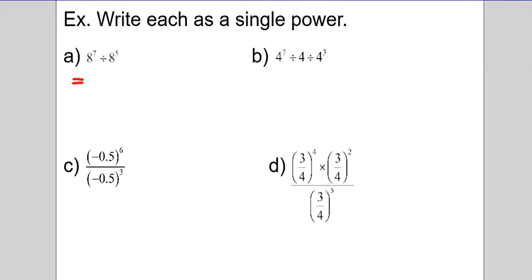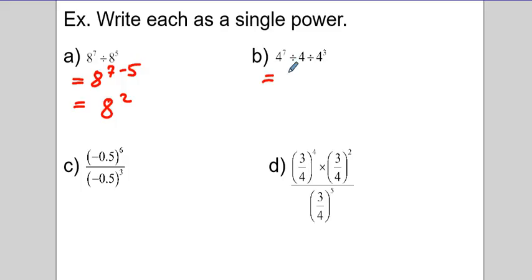All right, so 8 to the power of 7 divided by 8 to the power of 5. What is the final answer? 8 to the power of 2, and you just did that by subtracting the exponents, 7 minus 5. Perfect. I'm not going to write the middle step anymore. So 4 to the power of 7 divided by 4 divided by 4 to the power of 3.